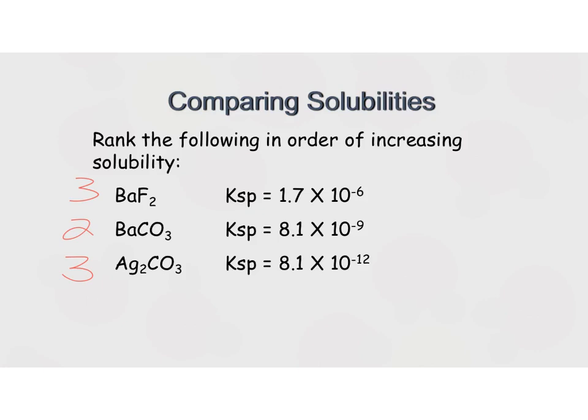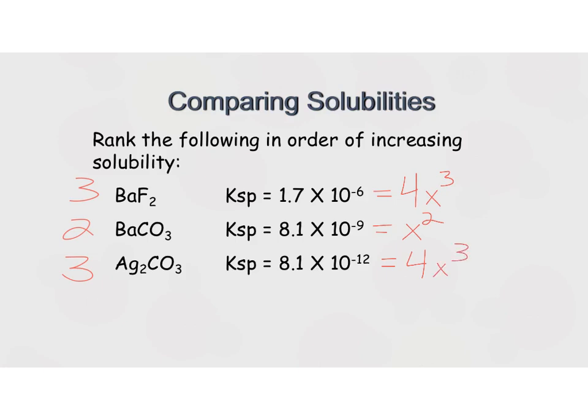So if you were to write out an ice table for these, you would notice that once you plugged it into the equilibrium expression, for this one, the Ksp is equal to 4x cubed. All right, now this one, because there's only 2, the Ksp is just going to be equal to x squared. Now this one, again, you have 3, so this one is also going to be 4x cubed.